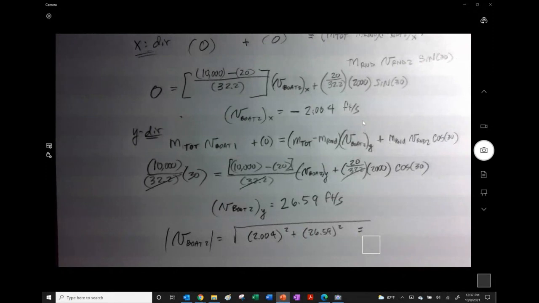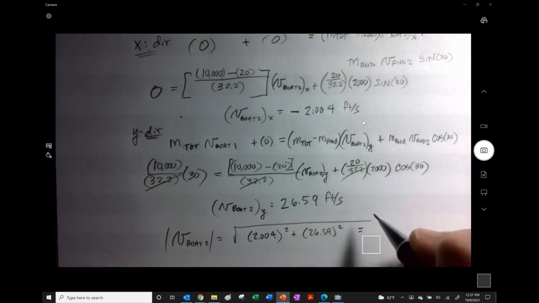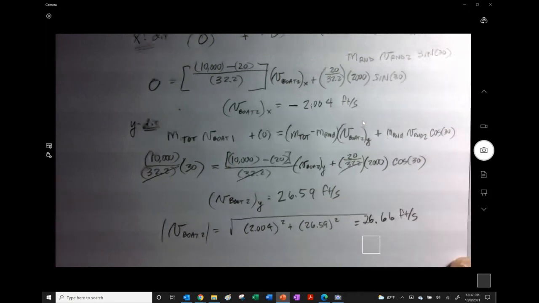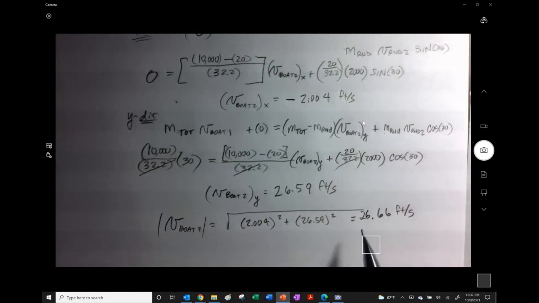But let's do it anyway. I guess it's the right thing to do. And 2.004 squared plus square root, yeah, pretty much 26.66 I actually got. So I might disagree a little bit with the answer, because as you can see, the answer is 26.6. More like 26.7, man.